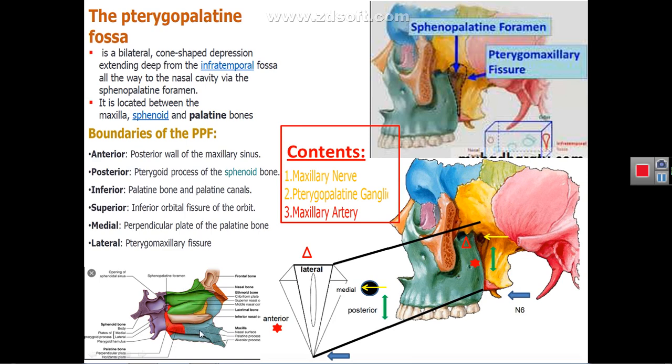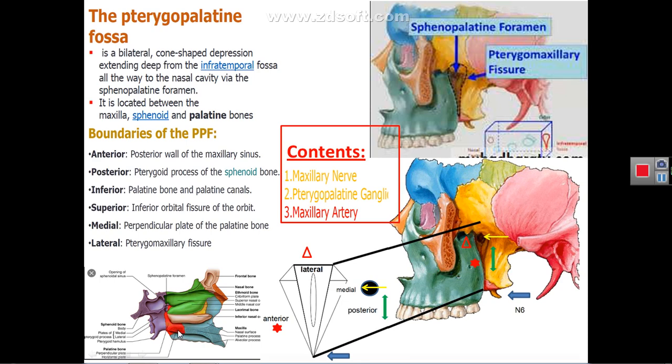This is the hard palate, and here is the oral cavity. You can see that, as we had described in the session of the skull, the hard palate anteriorly is formed by the palatine processes of maxilla, while the hard palate posteriorly is formed by the horizontal plate of palatine bone.